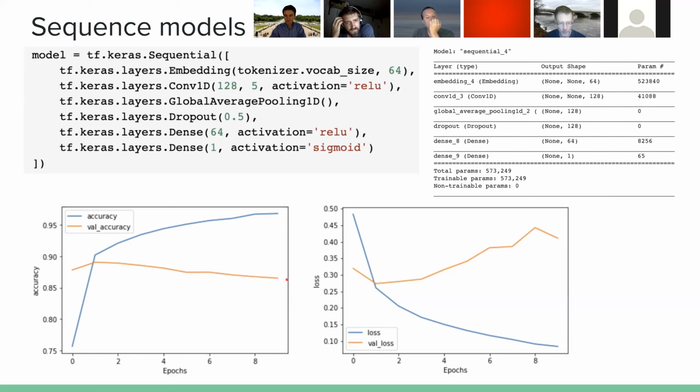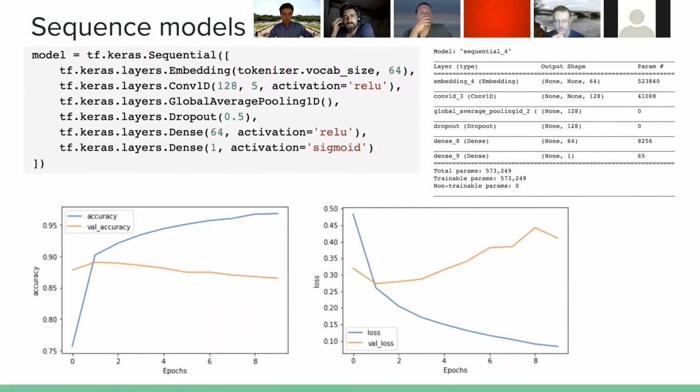I think it's the same thing that happened previously, where our training set is doing so well that the way to reduce loss on it is just to become more and more confident on it. And then that ends up costing you when you're not doing as well on the val set.